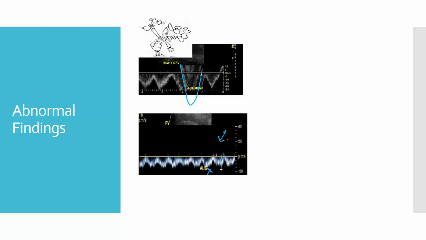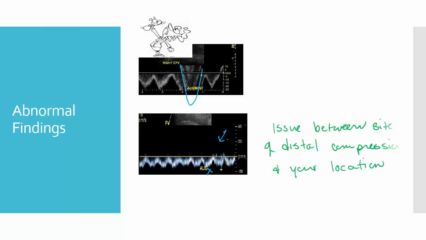When we have a lack of it, then we know that there is an issue between the site of distal compression and your location. So let's just, not much of an artist here, but if we compress here and my sample volume is up here, then there is an issue somewhere between these sites.